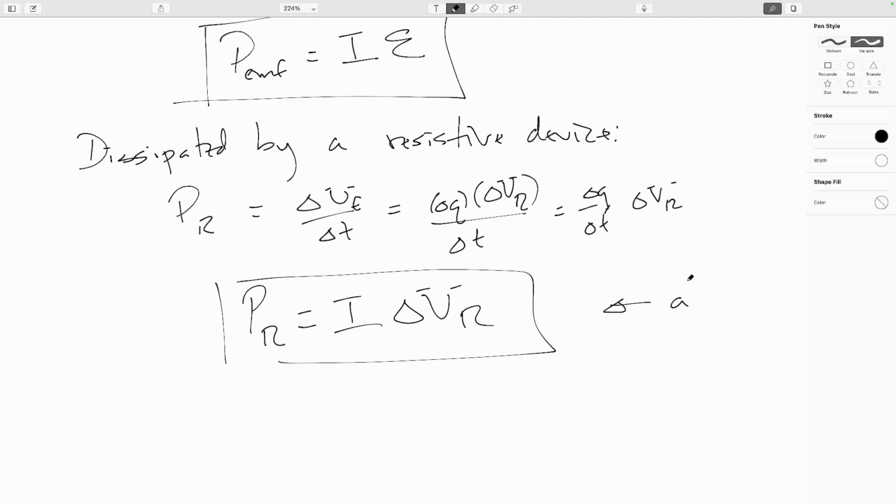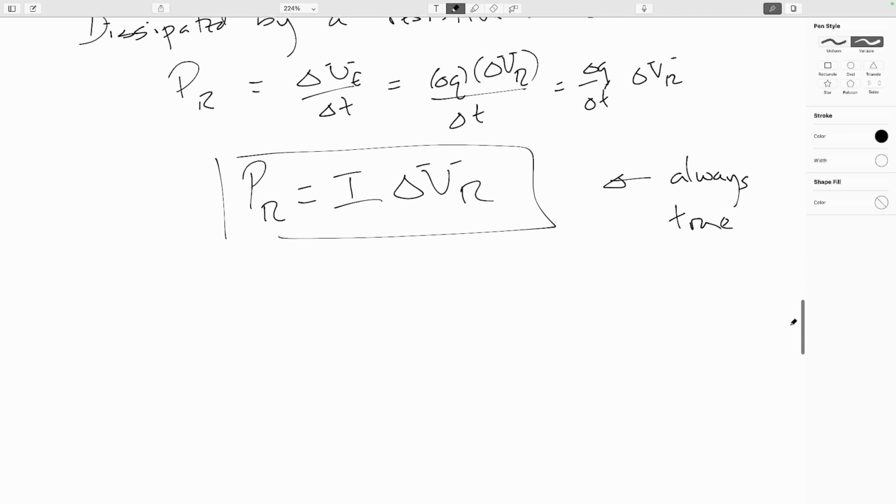And this is always true, regardless of whether the device is ohmic or not. However, if the device is ohmic, we have two more expressions we can use.